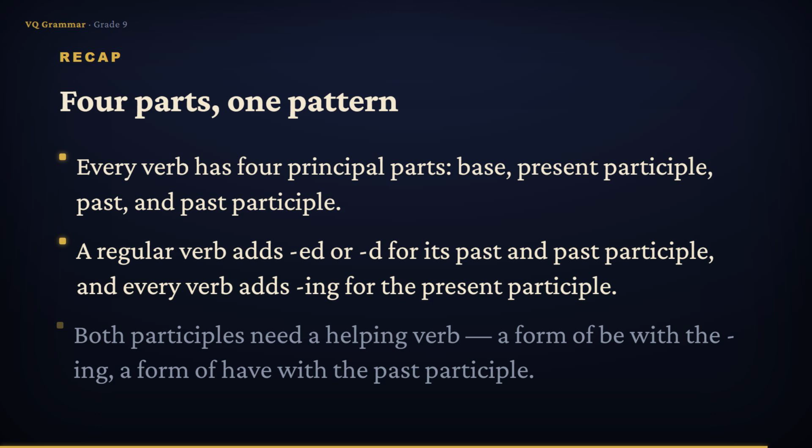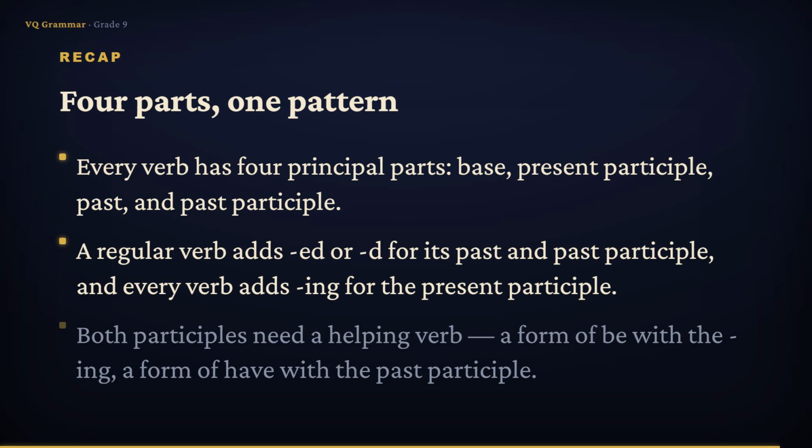And remember that every verb, without exception, adds ing to make the present participle. Finally, keep in mind that the 2 participles never stand alone. The present participle leans on a form of be, and the past participle leans on a form of have. Learn those 4 parts for any regular verb, and you can build every tense it has.